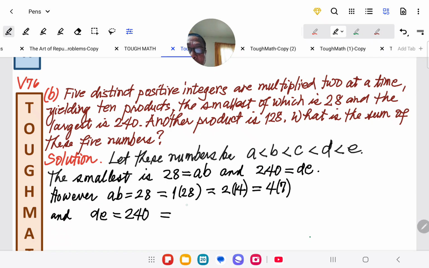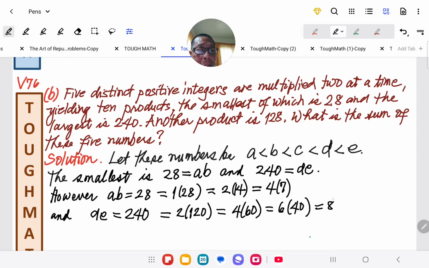So this can be 2 times 120, or maybe 4 times 60, or 6 times 40, or 8 times 30, and so on.